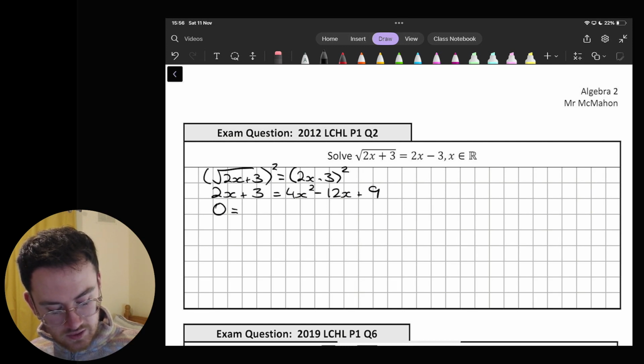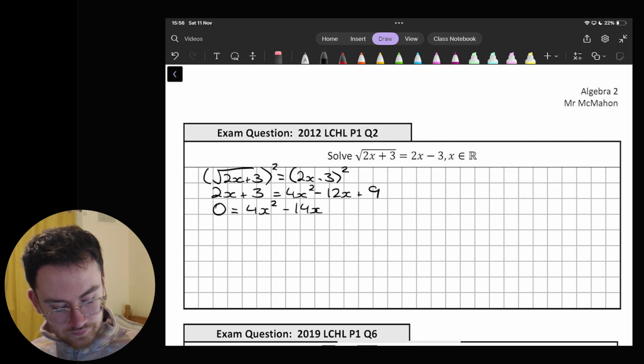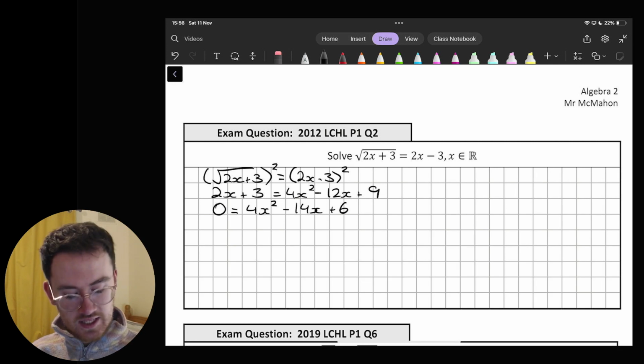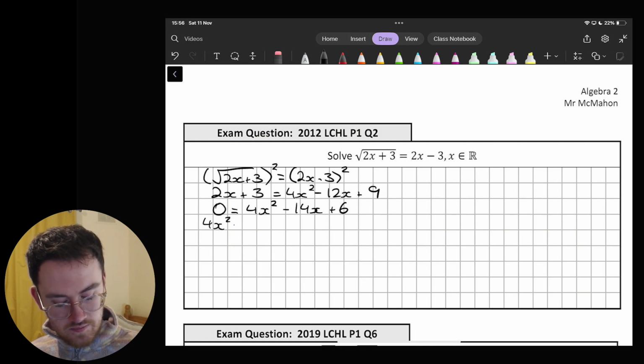Again, I'm just bringing everything onto one side here. 4x squared minus 14x plus 6. Let's just rewrite that. Over here, I'm going to divide across by 2, just to try and make it a little bit simpler for myself.